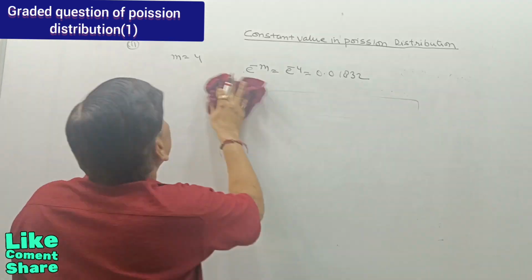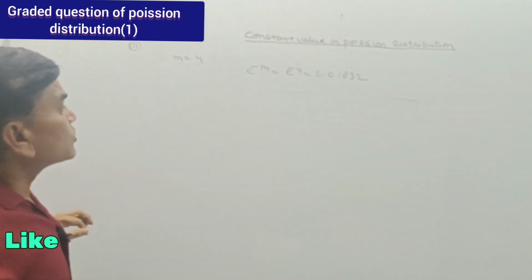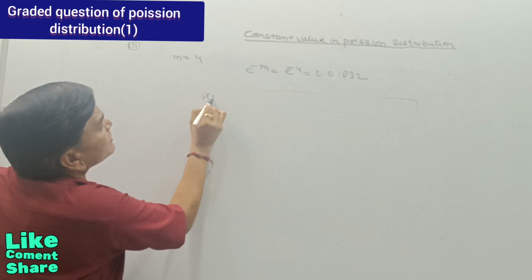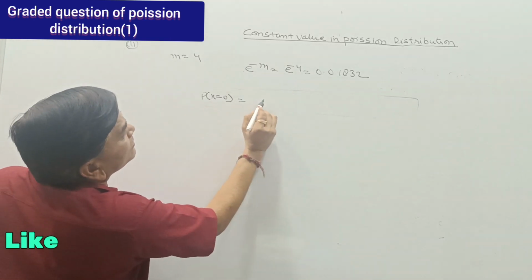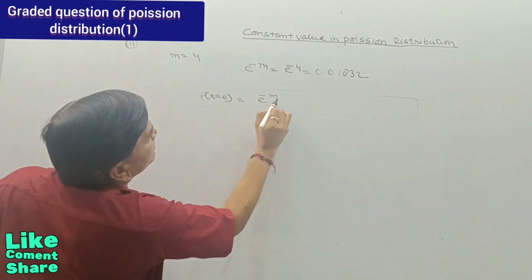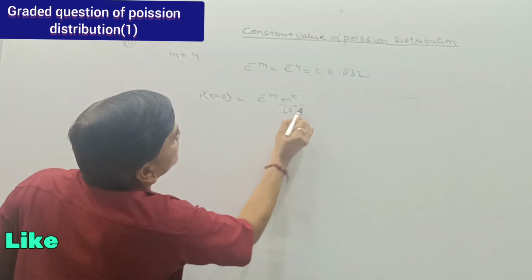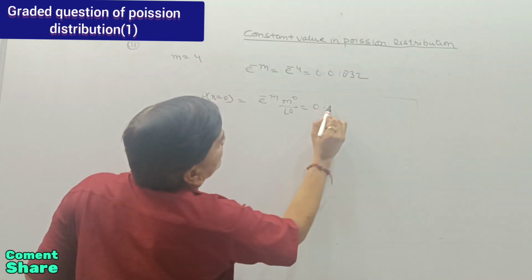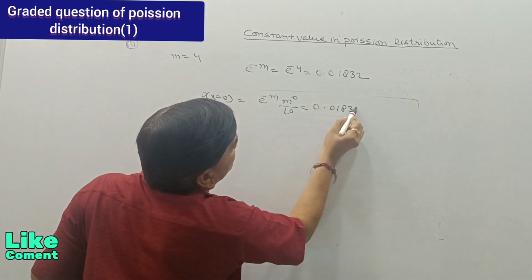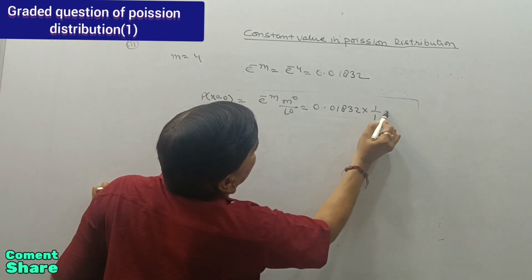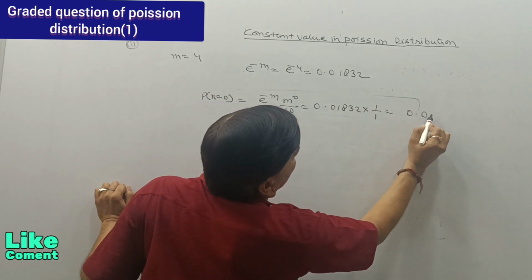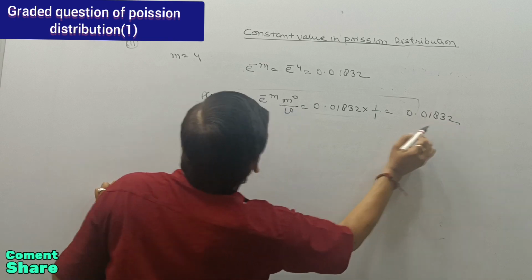We are to find the probability of less than 4. So P(x=0) is e raised to power minus m, m raised to power 0 upon factorial 0, that is 0.01832 multiplied by 1 upon 1. So the first one is 0.01832.